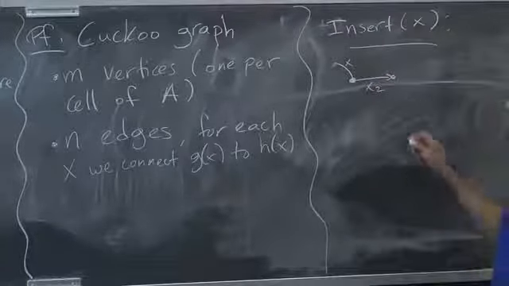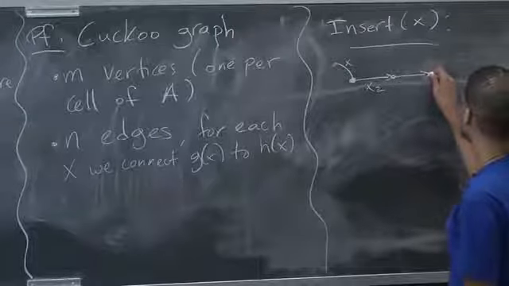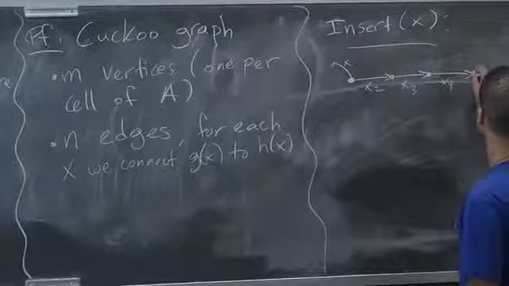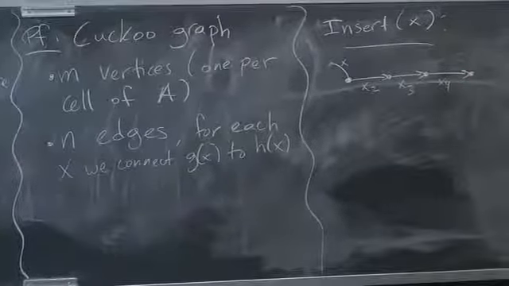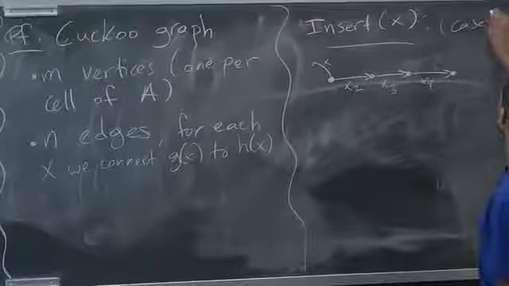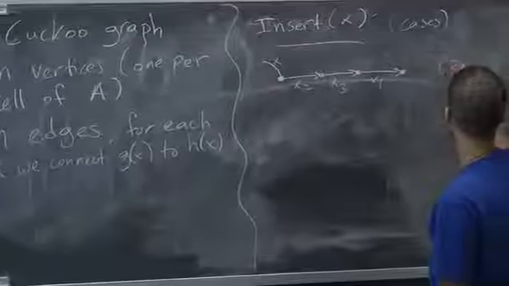And something already lives there, and we have to kick it out. And something lives there, and we have to kick it out. And then we're done. So that's one possibility. So this looks like a path.